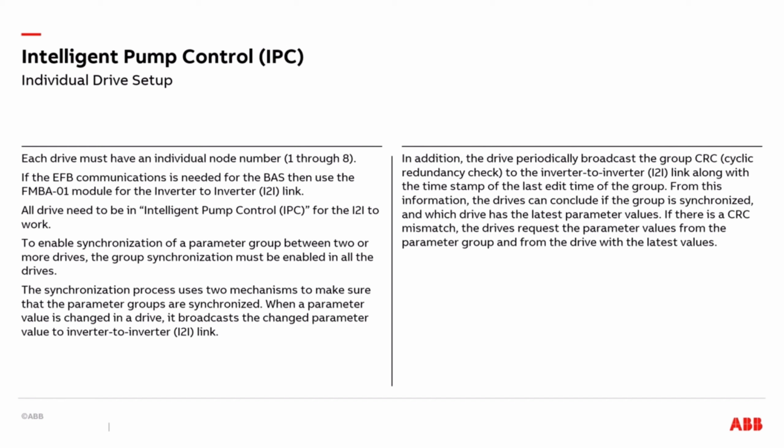From this information, the drives conclude if the group is synchronized and which drives have the latest parameter values. If the CRCs mismatch, then the drives request parameter values from all the drives in the group and pick the ones with the latest values. You can monitor changes in the drive's configuration with the parameter checksum calculations.